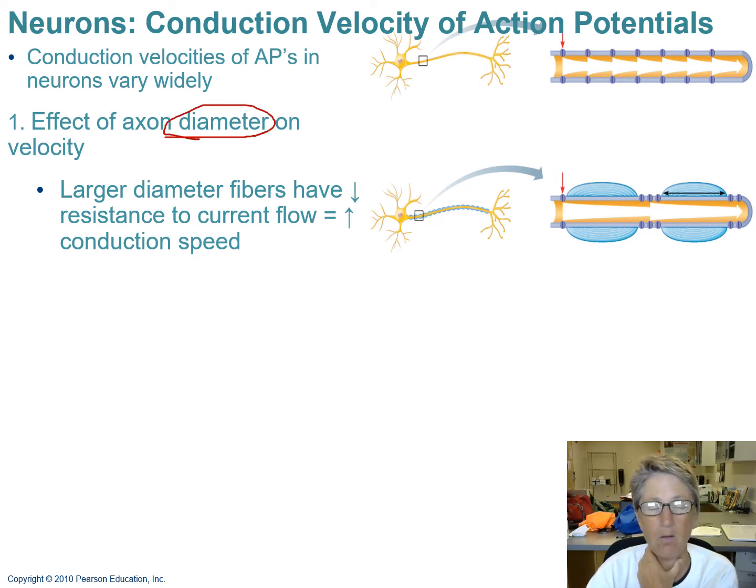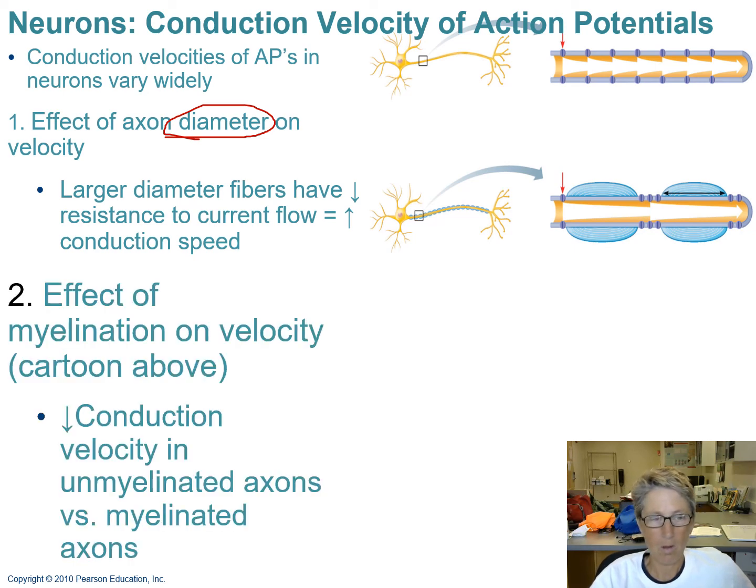If you have a really thick diameter of an axon, that means there's more voltage-gated sodium and potassium channels in that thick diameter axon, so you can increase the velocity of the action potential. Larger diameter fibers also have a decreased resistance to current flow that increases your conduction speed.